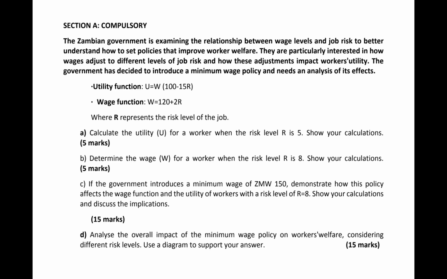The required, number one, you're required to calculate the utility for a worker when their risk is 5, and show our calculations. First of all, the government is trying to check the relationship between the wage levels and the riskiness of the job.